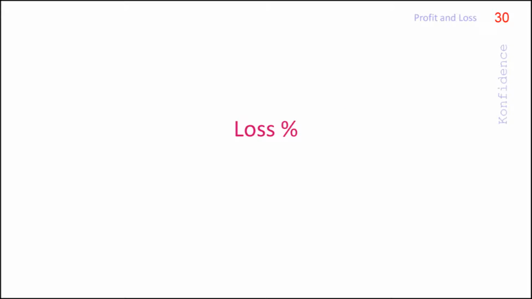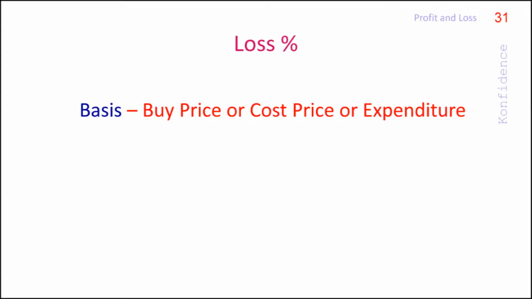Similarly, using the same logic, the reason for loss is also the initial expenditure, and therefore the basis of calculating loss percentage is also necessarily the buy price or the cost price, CP, or the expenditure.